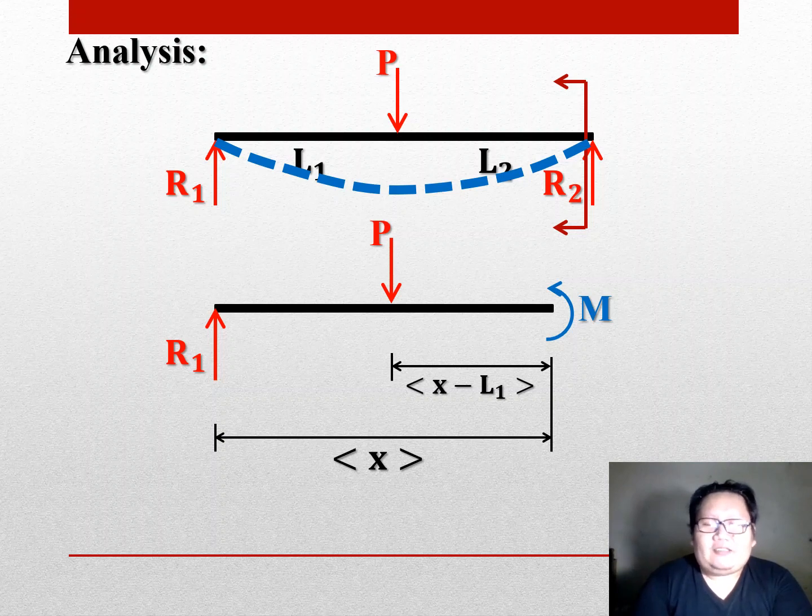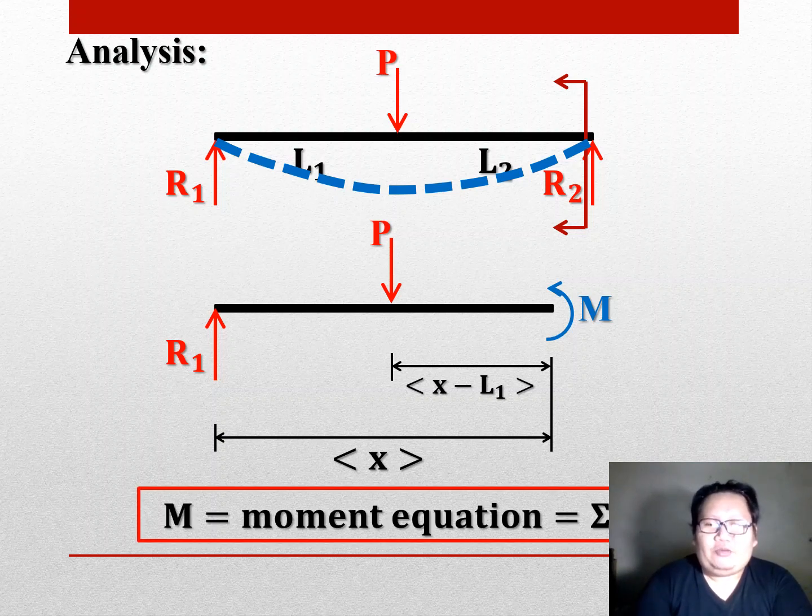And after that, we're going to use the summation of moment, for we are going to get the moment equation. How to get the moment equation? Basically, we just have to get the summation of all moments at the point of cutting. We will consider the clockwise positive and counterclockwise negative.